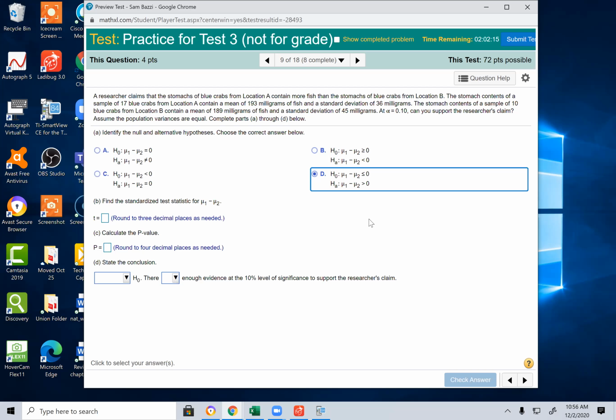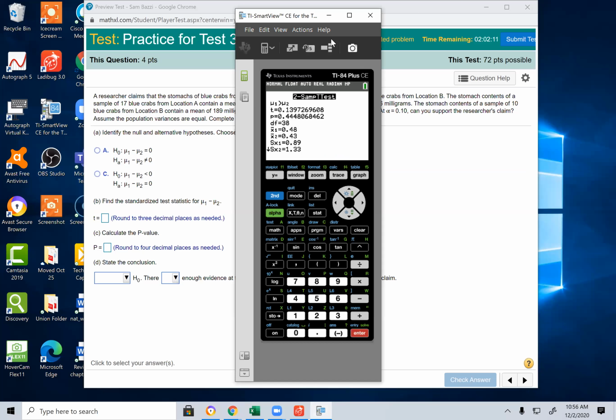Okay, let's run the calculator test on this. He says assume that the population variances are equal again. So we're going to go to stat, tests, two-sample t-test. You might have the same exact problem, guys, on the test, but with different numbers.